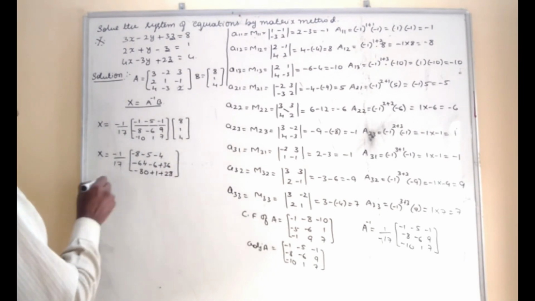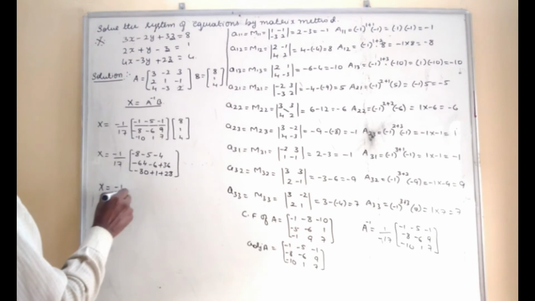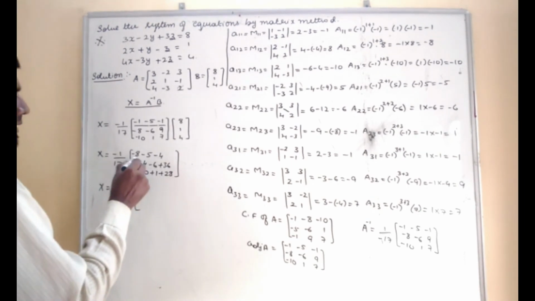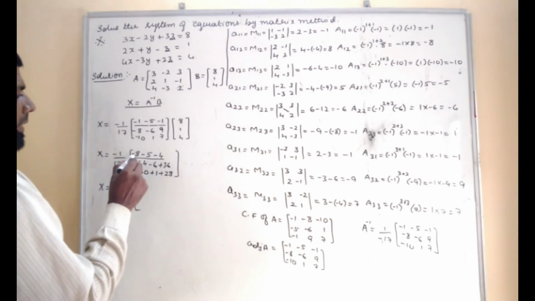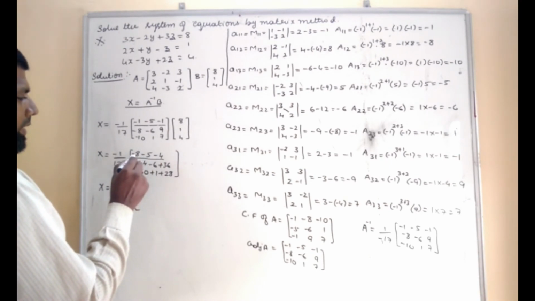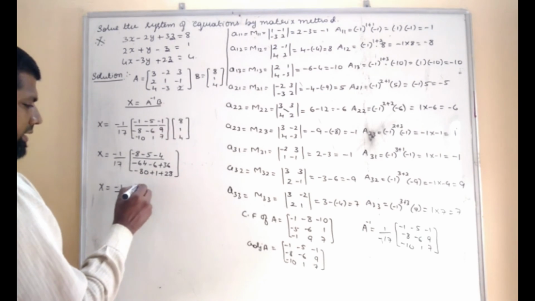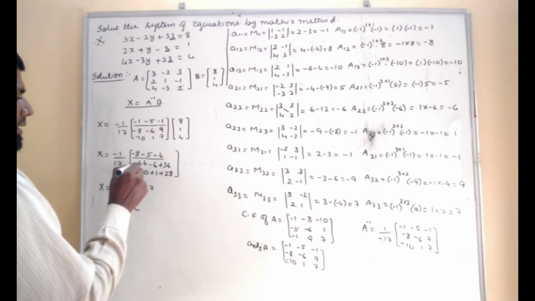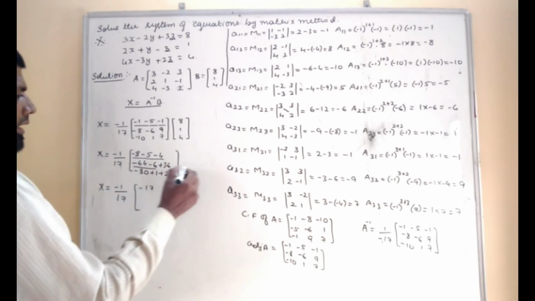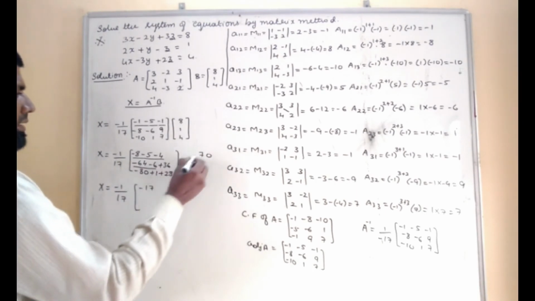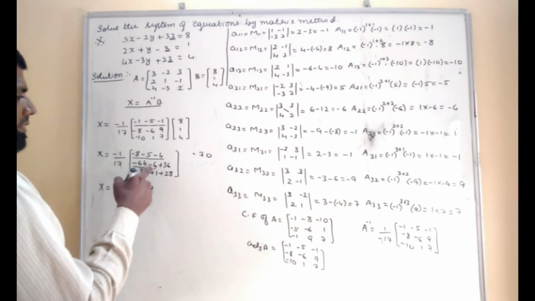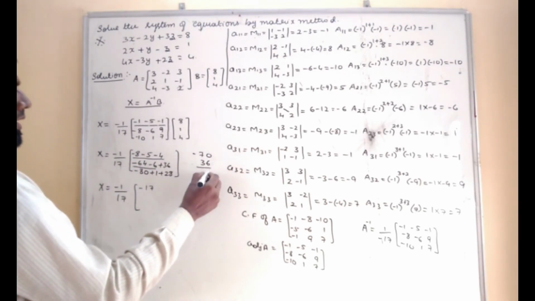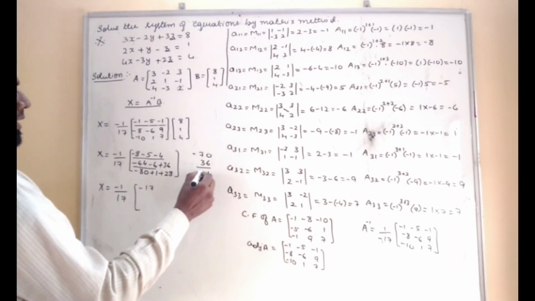If you simplify this, x is equal to minus 1 by 17: minus 8 minus 5 minus 4 means minus 17. Again here 64 and 6 is 70, minus 70 minus 36 means you are getting 34.